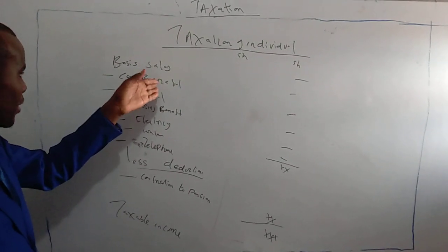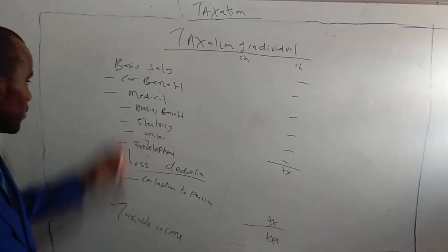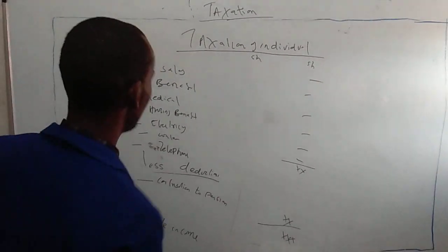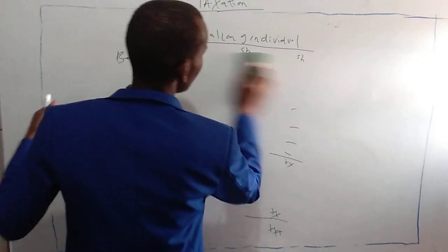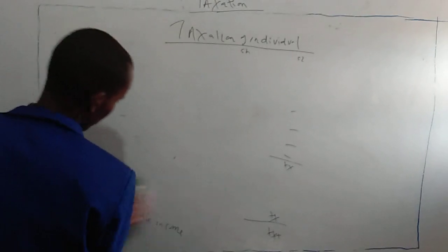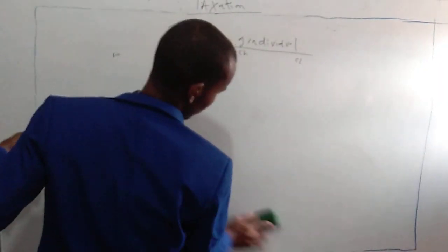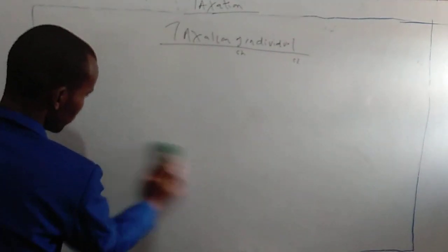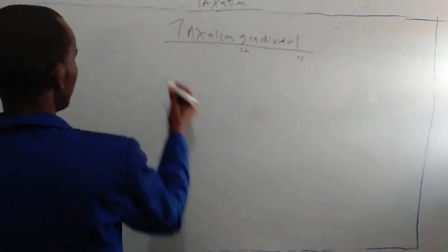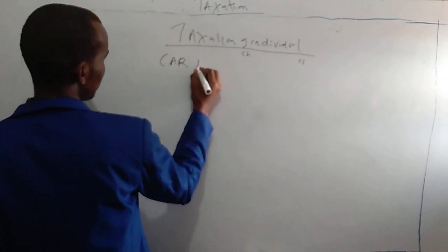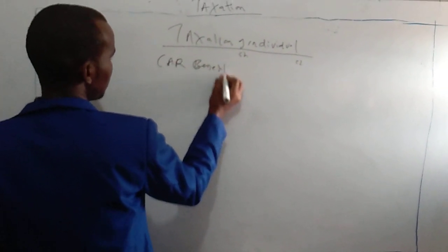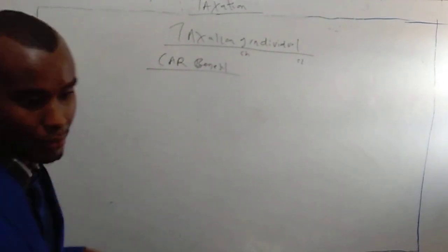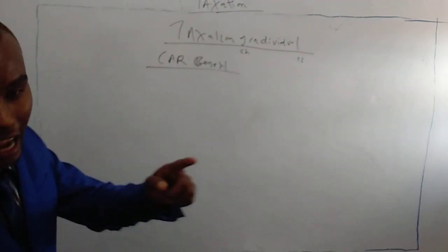How do we determine the car benefit? How do you get the housing benefit, the electricity, the water? Starting with car benefit: under car benefit, you normally tax the higher of the two.